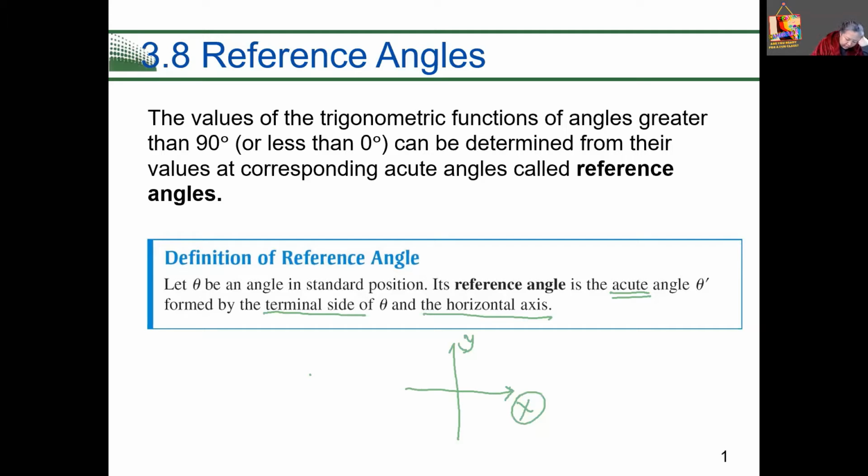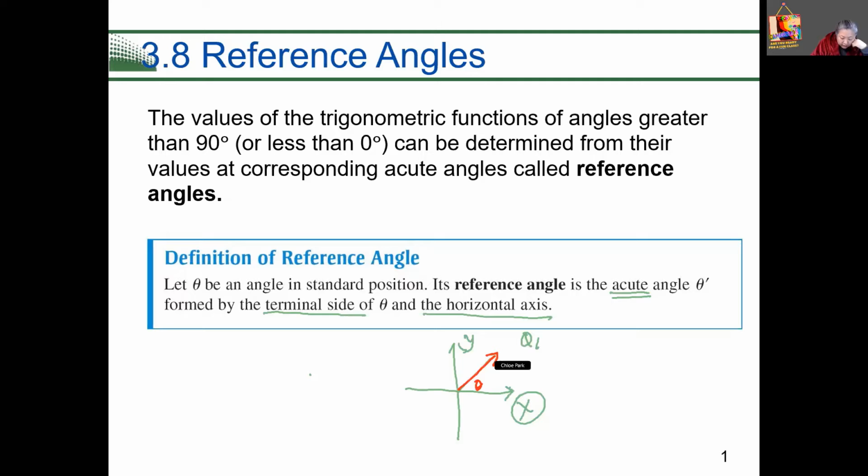Then, what it's saying here is this. If my original angle theta is already an acute angle, that means the original angle theta is placed within quadrant 1. Then, where is the terminal side of the original angle theta? Here.